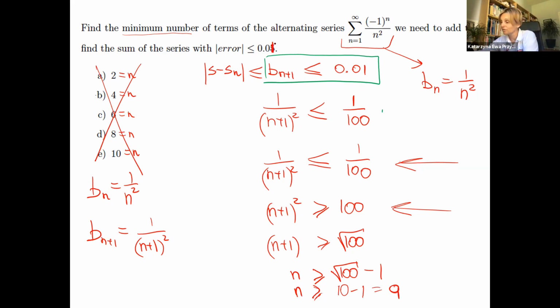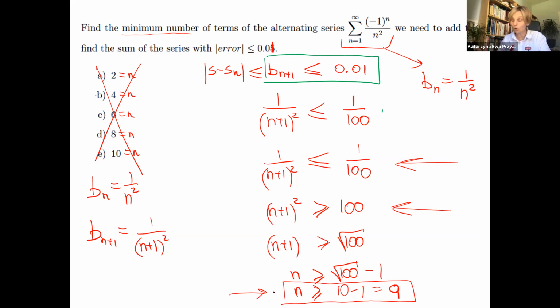The solution this way shows us all of the numbers that could be greater, because if we increase the number of terms, of course, the partial sum becomes closer to the actual sum, and the error is even smaller. But what is the minimum number of terms? The minimum number of terms is 9.